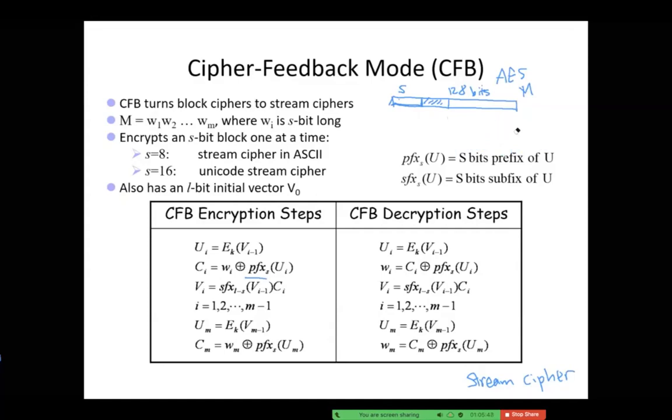This is sort of like a counter mode thing.